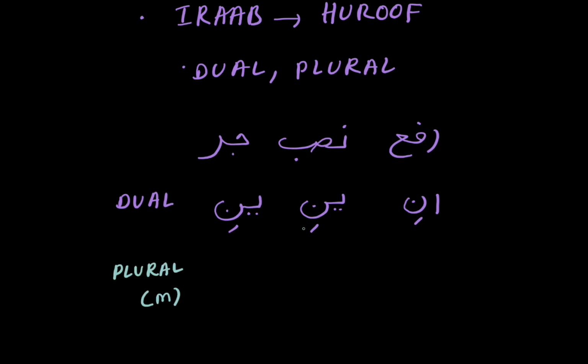Singulars and irregular plurals are identified by harkat, while these are identified by huruf.